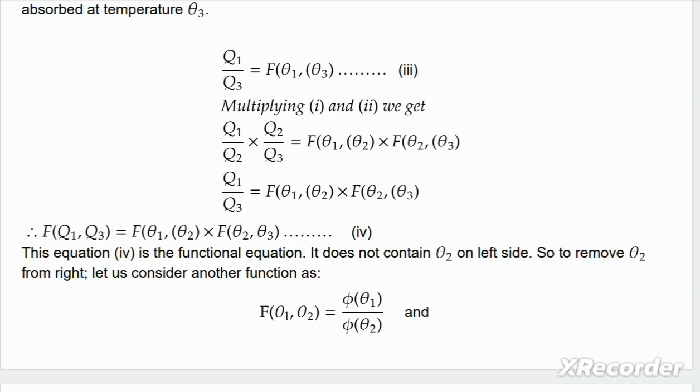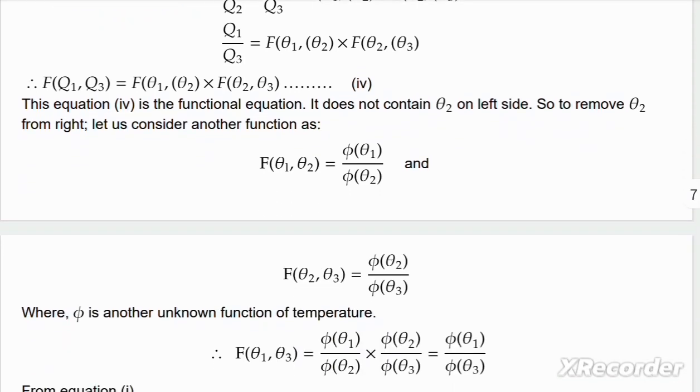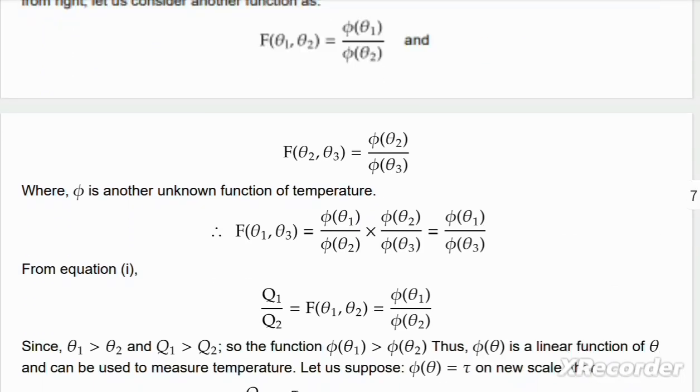Let f(theta 1, theta 2) equal phi(theta 1) divided by phi(theta 2), and f(theta 2, theta 3) equal phi(theta 2) divided by phi(theta 3), where phi is another unknown function of temperature. Then f(theta 1, theta 3) equals phi(theta 1) divided by phi(theta 2) multiplied by phi(theta 2) divided by phi(theta 3), equals phi(theta 1) divided by phi(theta 3).